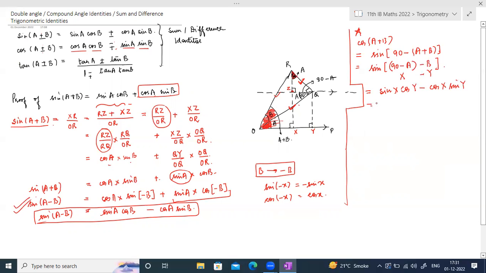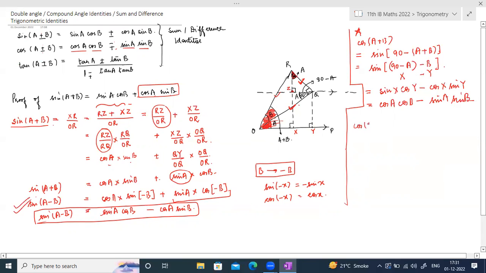And x is 90 minus A. Sine 90 minus A will be cos A. Y is B. Minus cos x, cos 90 minus A is sin A. And y is B, so we get sin B. So we have proved cos A plus B is cos A cos B minus sin A sin B.